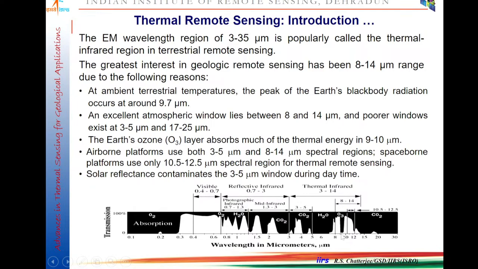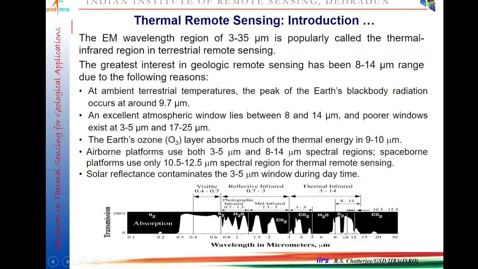Now you see, this is the visible region, 0.4 to 0.7, then near infrared, then shortwave infrared, and if you come to 3 and above, it comes under the thermal infrared. See here, there are the atmospheric windows. That means the atmosphere is transparent to a great extent in 3 to 5 micrometer and also 8 to 14 micrometer. But in 8 to 14 micrometer, there is this gap here, at 9 to 10.